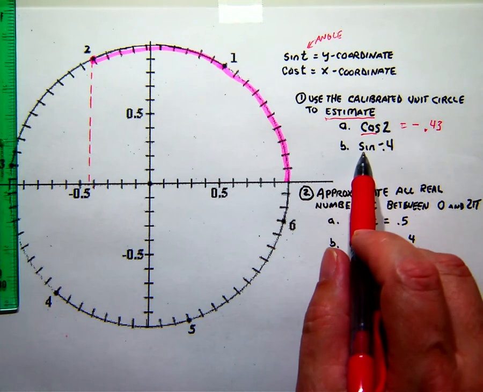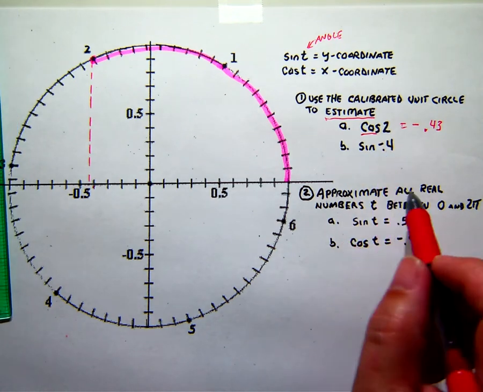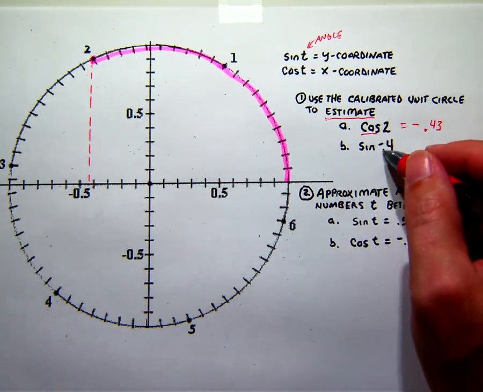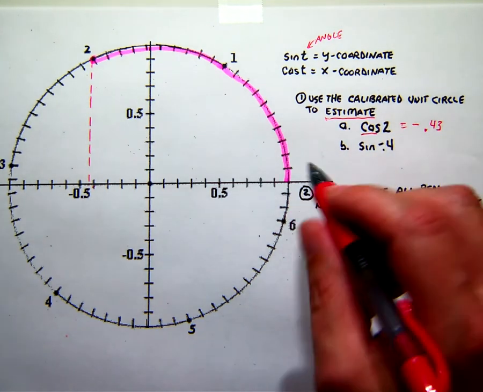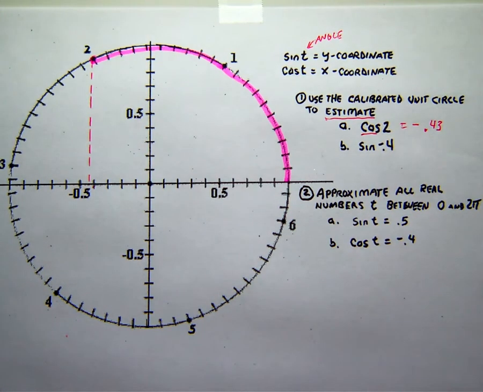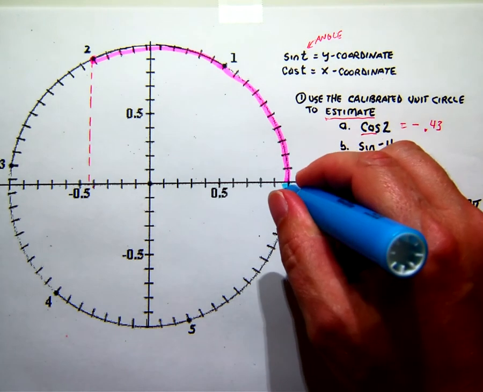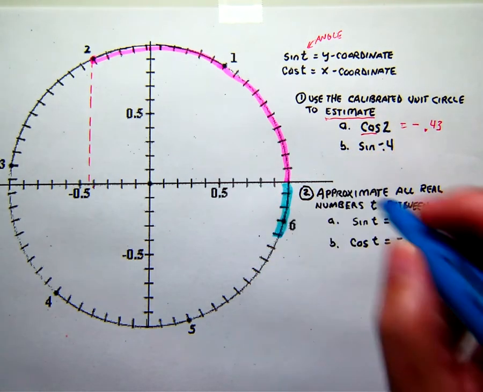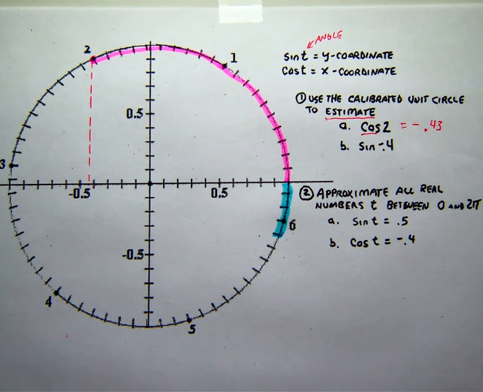So let's look at sine of negative 0.4. So negative 0.4 would be 4 units down. I've got a blue highlighter, 1, 2, 3, 4. So you're talking about that right there. And sine is the y-coordinate.